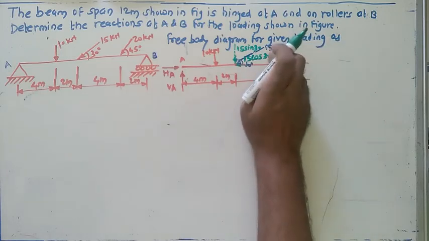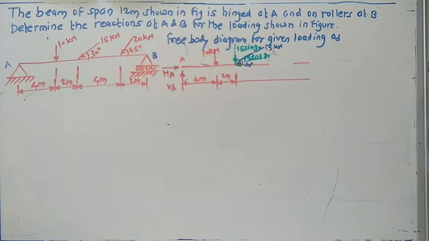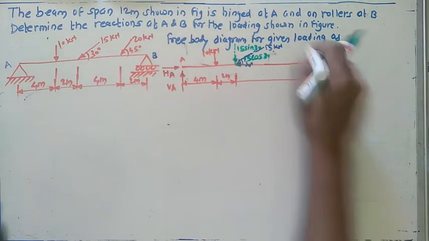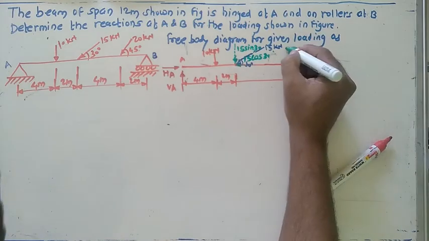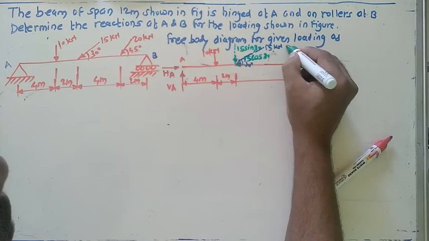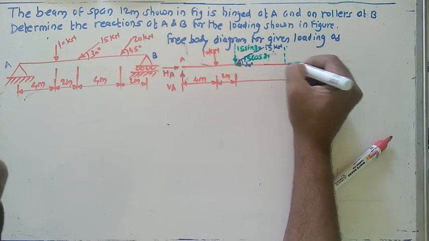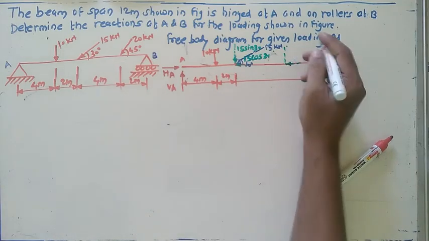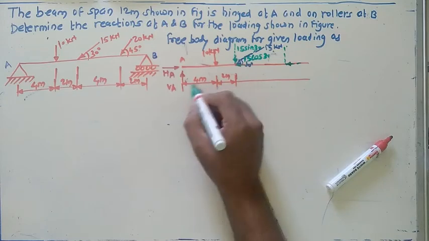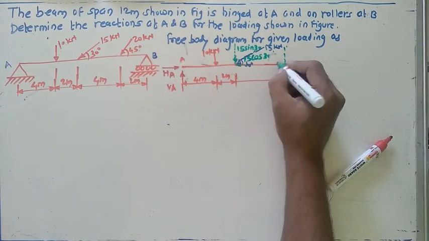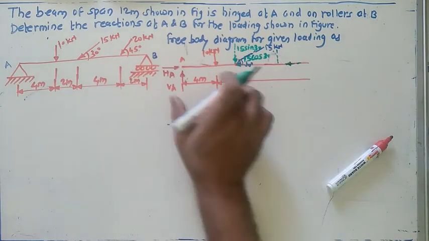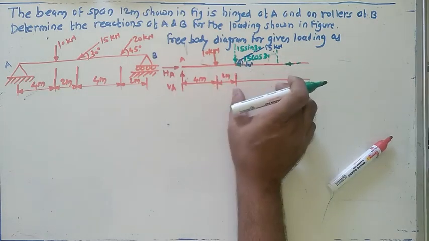Make sure that the components will not mix up with the actual force shown here. Make sure of the distances we have shown earlier, proportionate for this 4 meter, and this 4 meter is approximately the same for this.